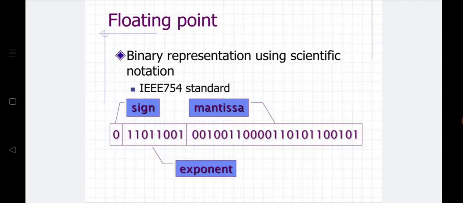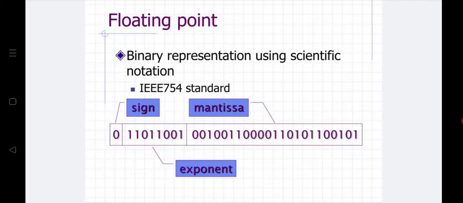If you see here, it is a rectangular pin. The first bit, the MSB bit, will be acting as my sign bit. Later on, I will use a few of the bits which will act as an exponent. Later on, we will use a few more bits which will act as a mantissa.